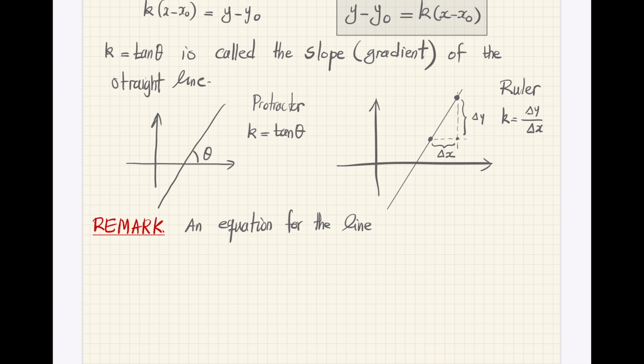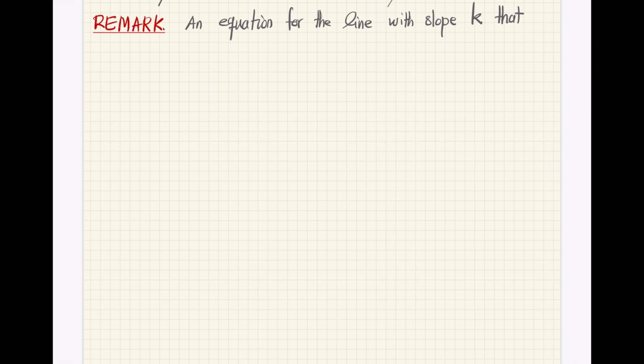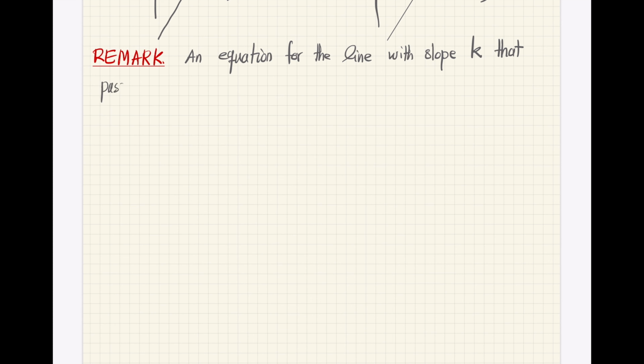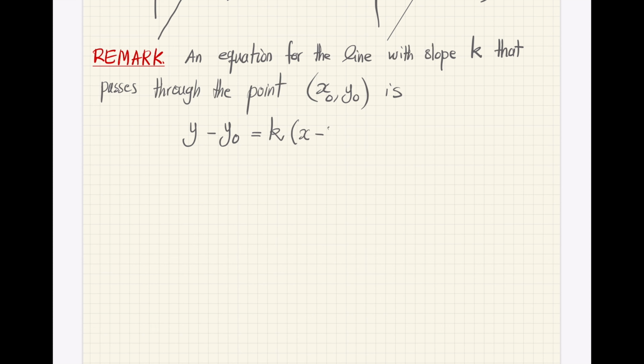again a straight line, an equation for the line with the slope k that passes through the point, I don't know, you can call it whatever, let us not call it anything, x node and y node, is y minus y node is equal to k times x minus x node.